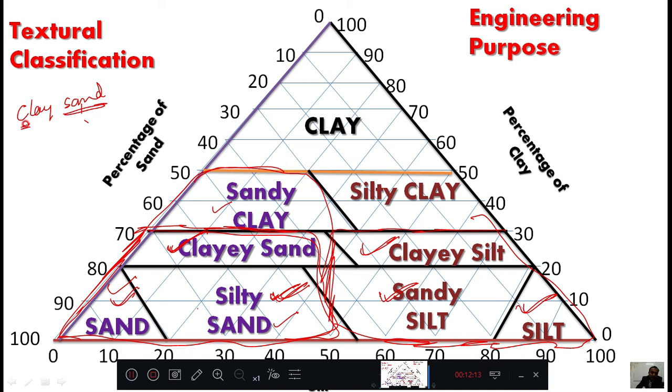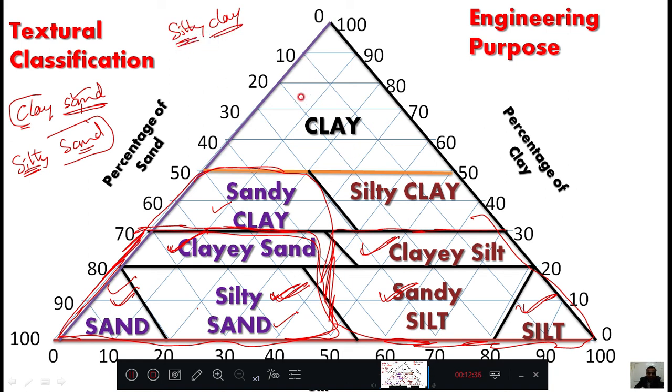Clay is a small portion in the sand, that is called clayey sand. Like that, silty sand: the silt proportion is very small in the sand, the original content is sand only, but silt is mixed in, therefore it is called silty sand. Like that, silty clay means originally it is clay only, but silt content is mixed in that clay, therefore it is a silty clay.